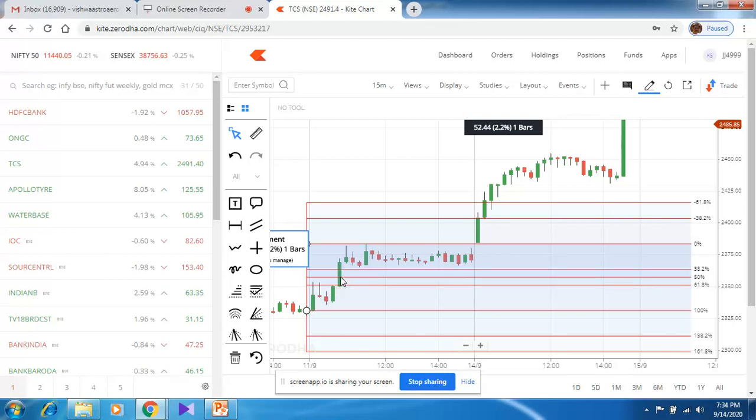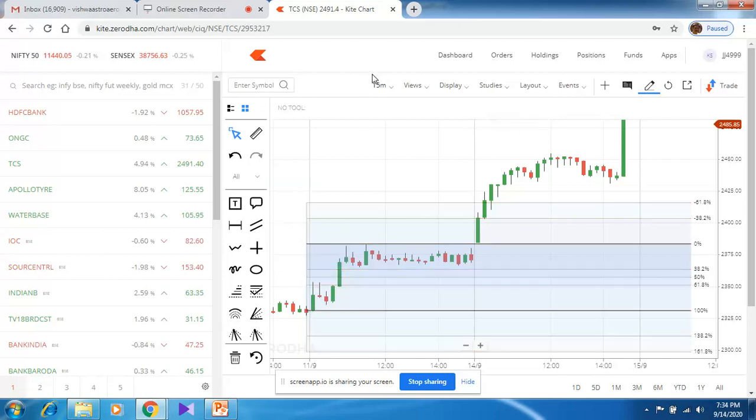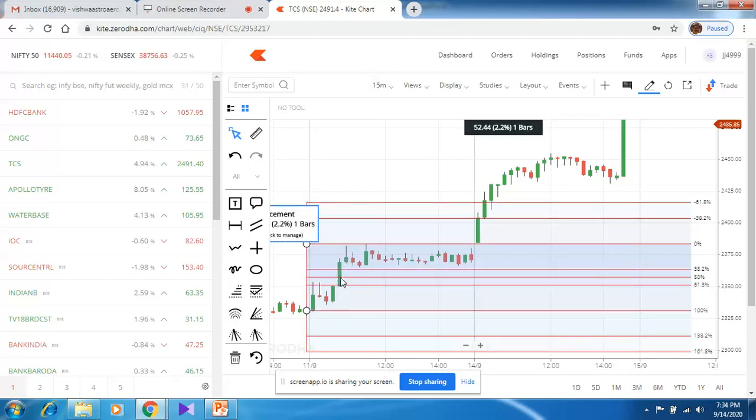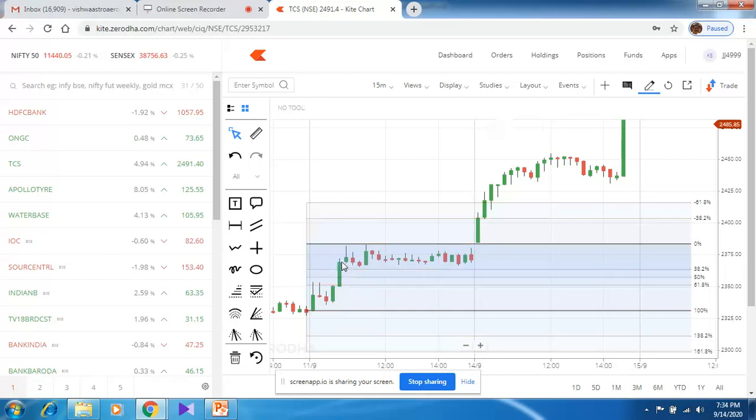Once it crossed 50% within the same 15-minute time frame, there was no stopping it until it reached 38.2. Once it reached 38.2, people were still buying it. The volume of buyers was still large. Therefore, once it crossed 38.2%, it went beyond and even went further higher.